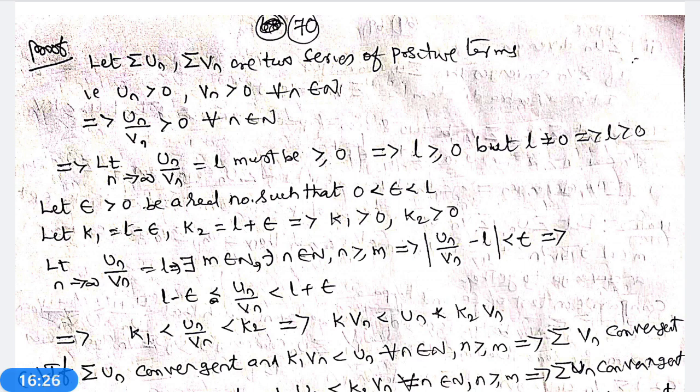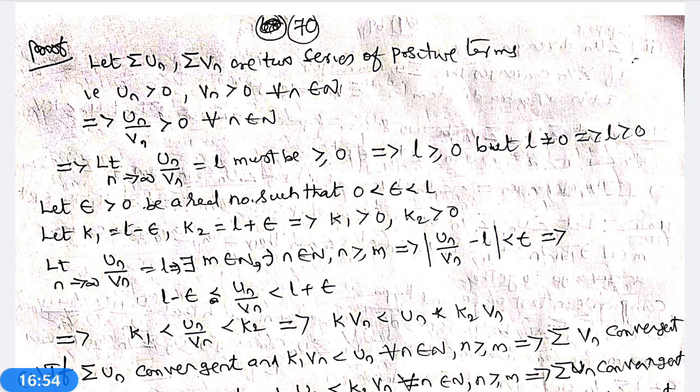Let Σun and Σvn be two series of positive terms. What is two series of positive terms? un > 0, vn > 0 for all n belonging to N. Next, both are positive means the quotient is also positive, un/vn > 0. So un/vn is a sequence of positive terms.